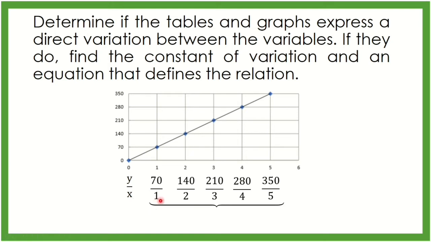70/1 is equal to 70. 140/2 is also 70. 210/3 is 70. 280/4 is 70. And 350/5 is also 70. Since equal ang nakuha nating ratio, that is a direct variation.